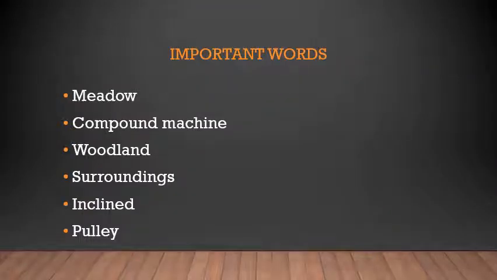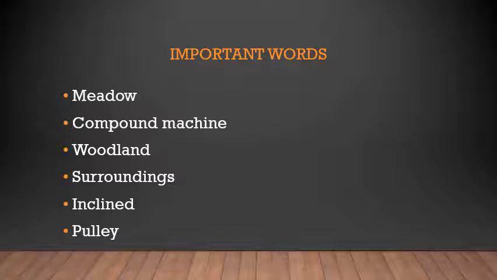The important words for this lesson are meadow. Meadows are nothing but small grasslands where we graze the cattle. Compound machine. A compound machine is a machine which is a combination of two or more simple machines. Woodland.